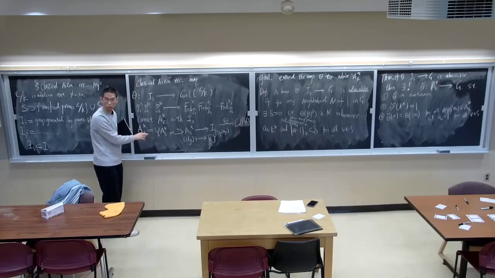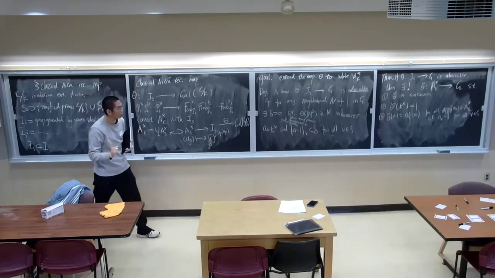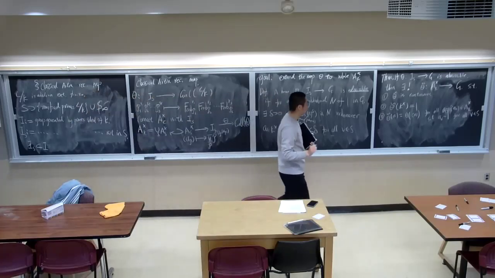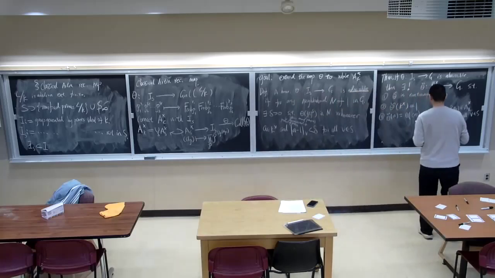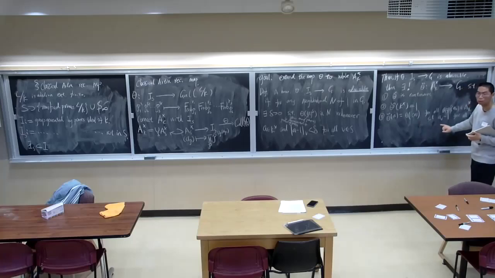So maybe what's confusing me is this. In the theorem we can pick a particular S, right? So we can call it S naught probably. For the theorem, could we not just take S naught to be the set of ramified primes and the infinite primes? Okay, yeah.